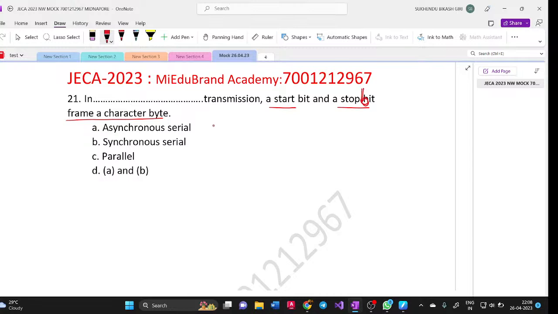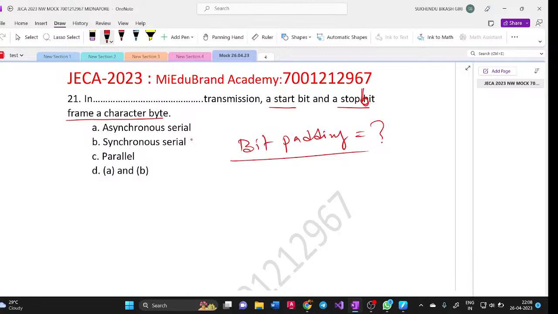Start bit and stop bit is required. That means bit padding is required. In which technique? The right answer is B?